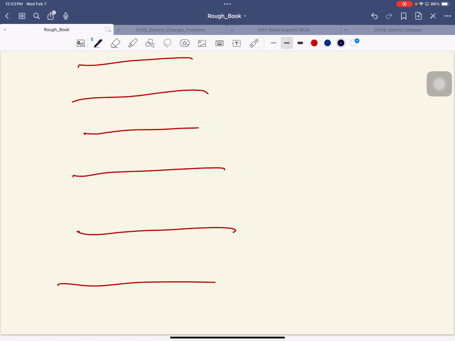So this is a band gap. So these are bands, and this is a band gap.